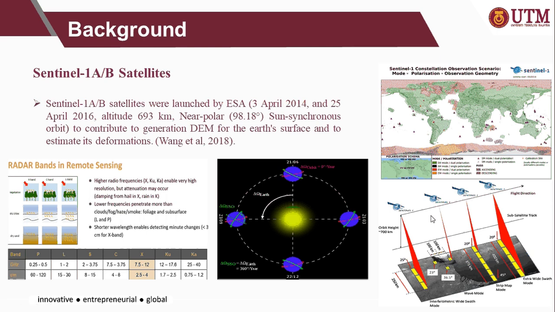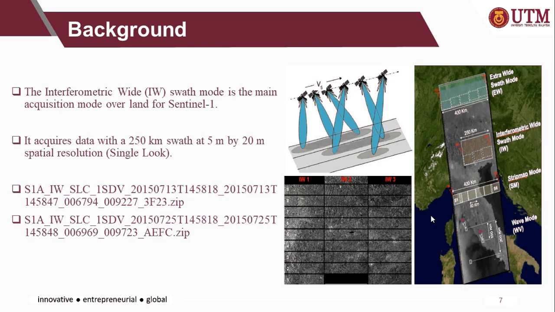Actually, the Sentinel 1 has 4 types of mode. This appears in this figure. The first one, extra wide swath mode, interferometric wide swath mode, strip map mode, and wave mode.